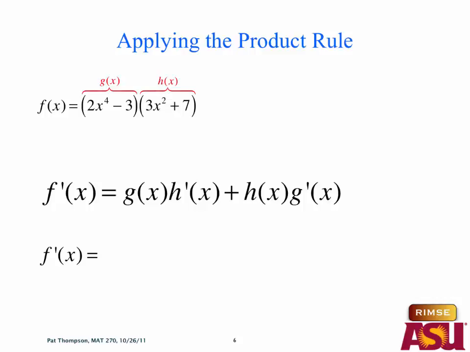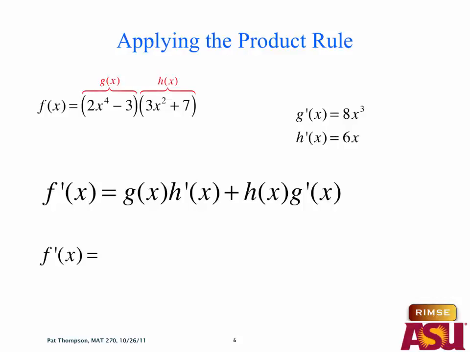Prime notation, right? Prime notation for rate of change. So we only have two things that we need. Rate of change of g, which is 8x cubed, piece of cake. Rate of change of h, which is 6x, piece of cake.